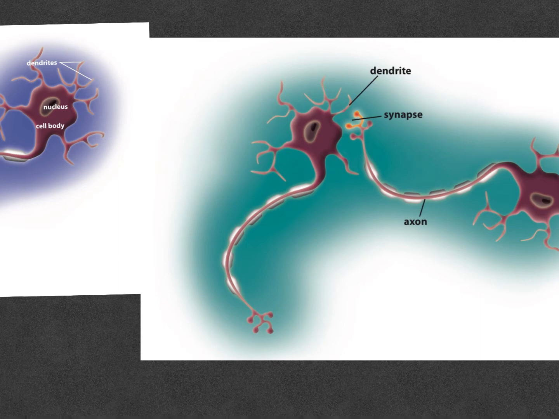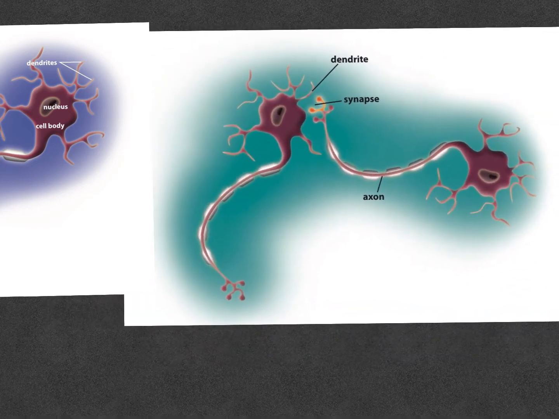Between each neuron is a little gap called a synapse, right there. As the electrical impulse arrives at the synapse, the electricity carries chemicals called neurotransmitters. Those are released, and the chemicals cross the synapse and carry the message to the next sensory neuron.